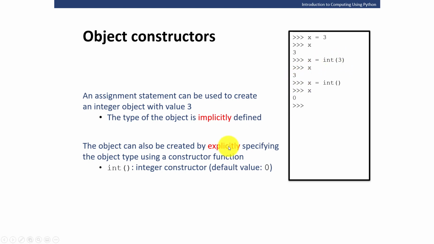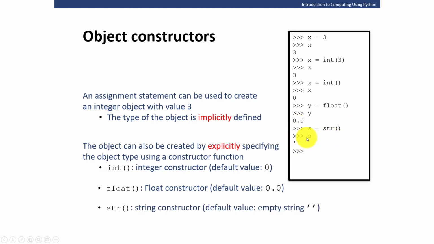So whatever value I determine here will determine the value of x. What if I used int without specifying any argument inside the parentheses? It will give me the default value, which is 0. Similarly, if I do that to float, it will give me the default value of float, which is 0.0. For string, it's going to give me an empty string. For list, it's going to give me an empty list, okay?